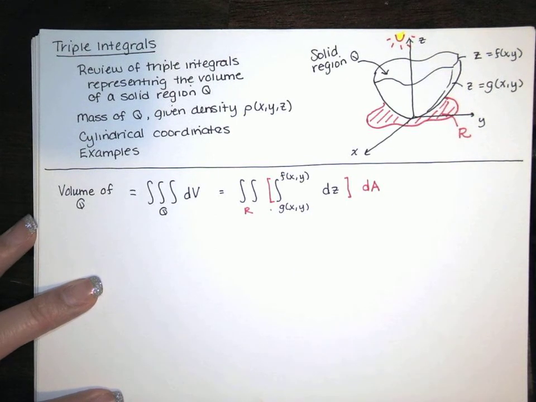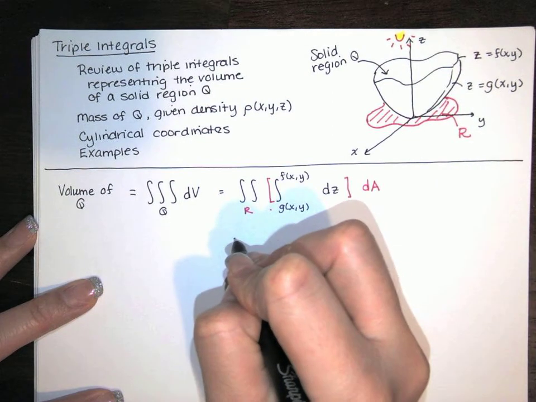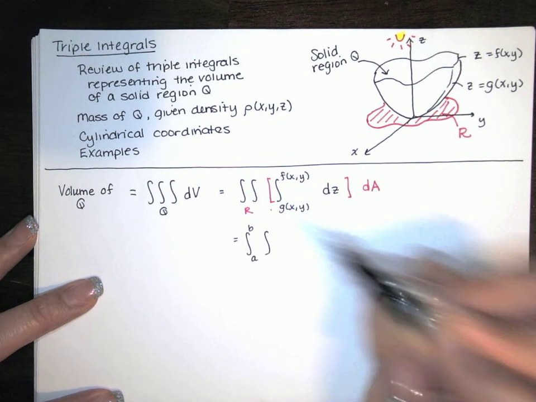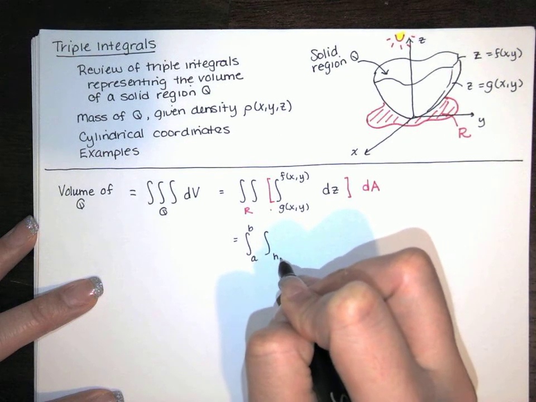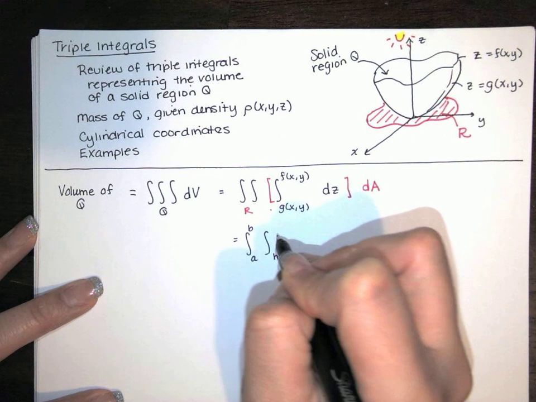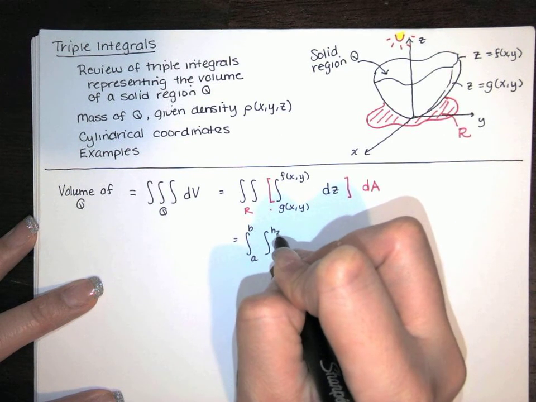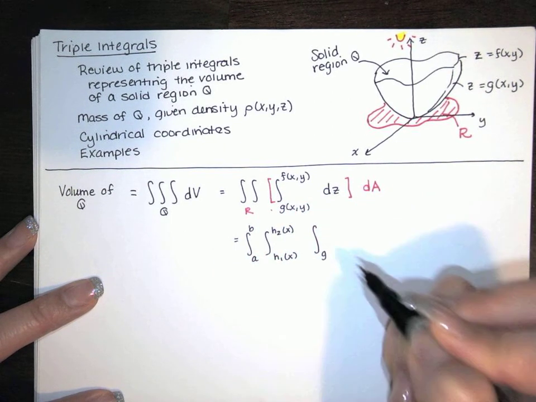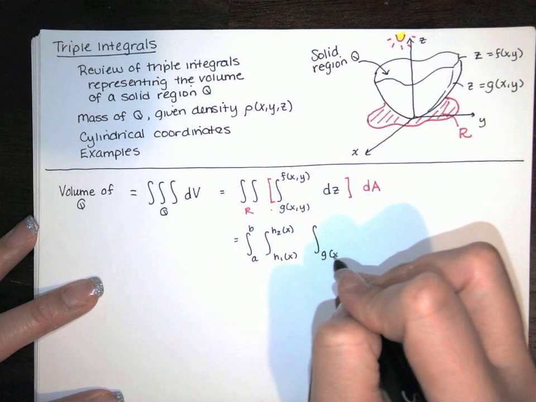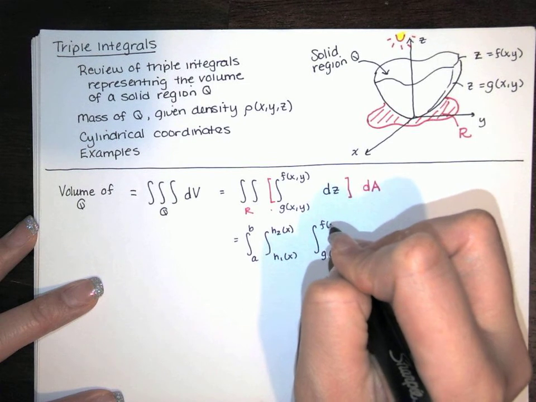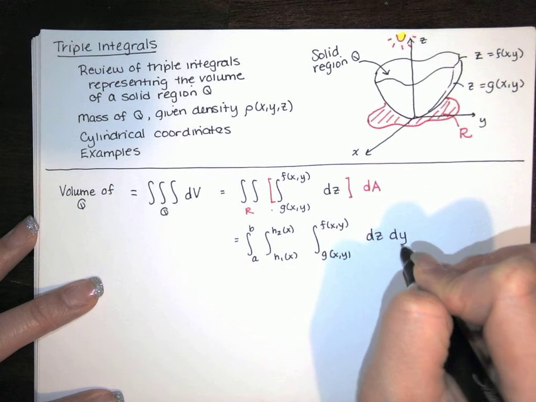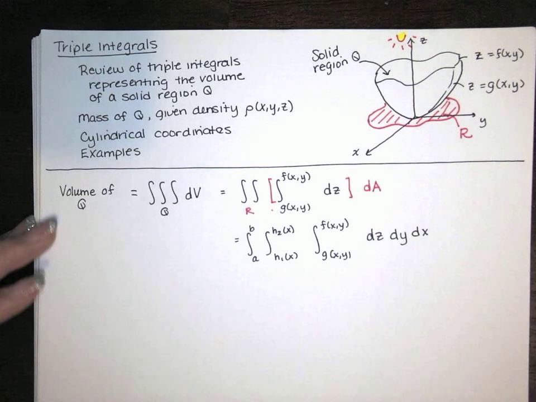And the region R can be described two different ways, but let's say that y went from a function to a function, and x goes from a constant to a constant, just for example. Then y would go from some function of x to some function of x, and x would go from a constant to a constant. Now there are other possibilities.